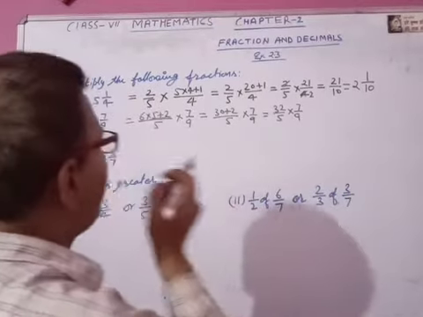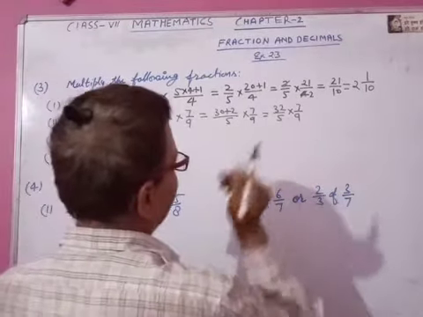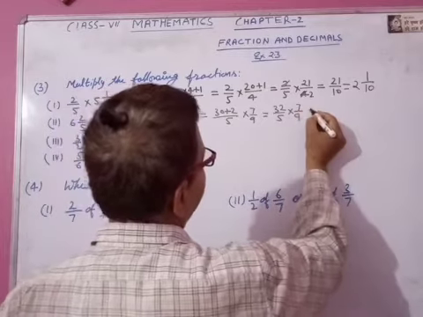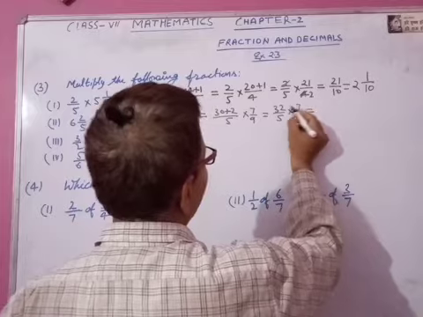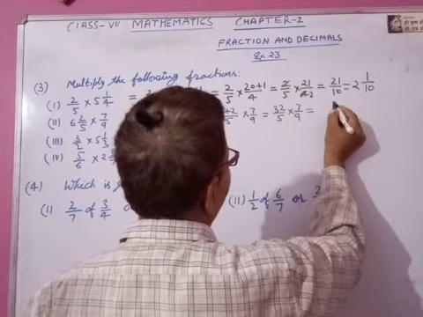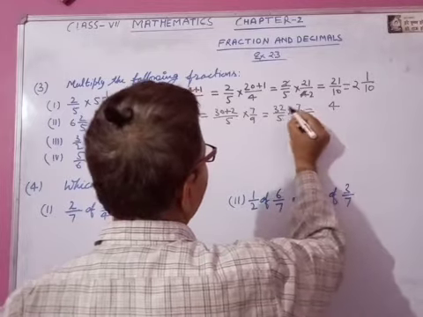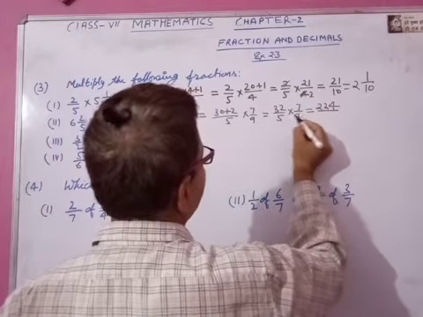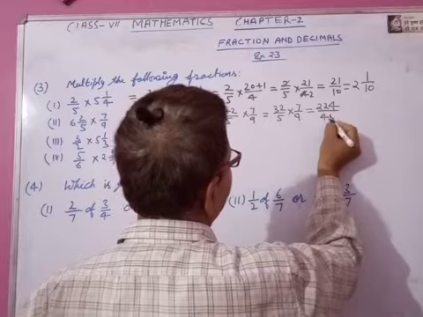32 upon 5. Now there is no common factor here, so you will multiply. 7 twos are 14, 7 threes are 21, so 224 upon 9 fives are 45.